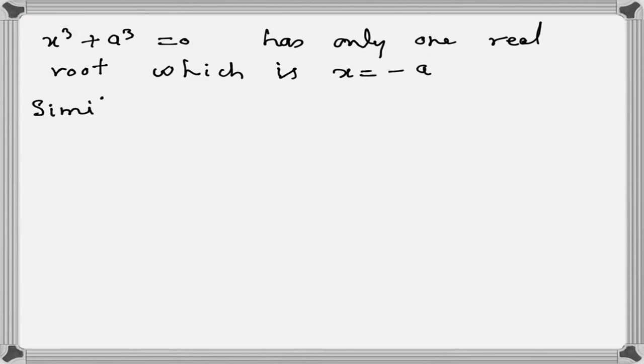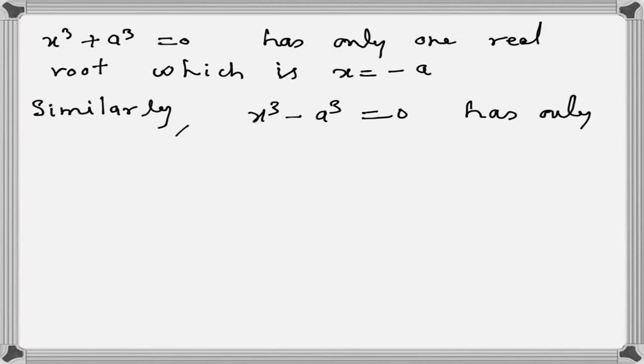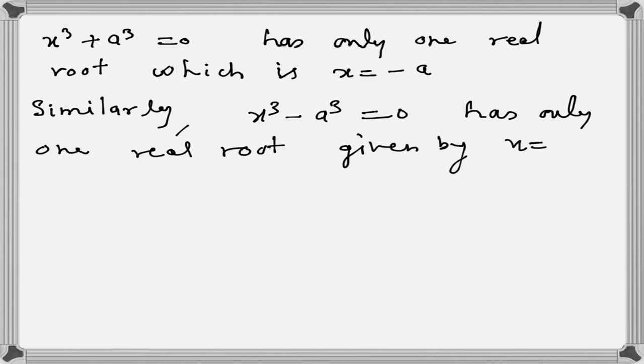Similarly, x cube minus a cube equals 0 has only one real root, given by x equals a. The other two are complex. We can do it in the same way.